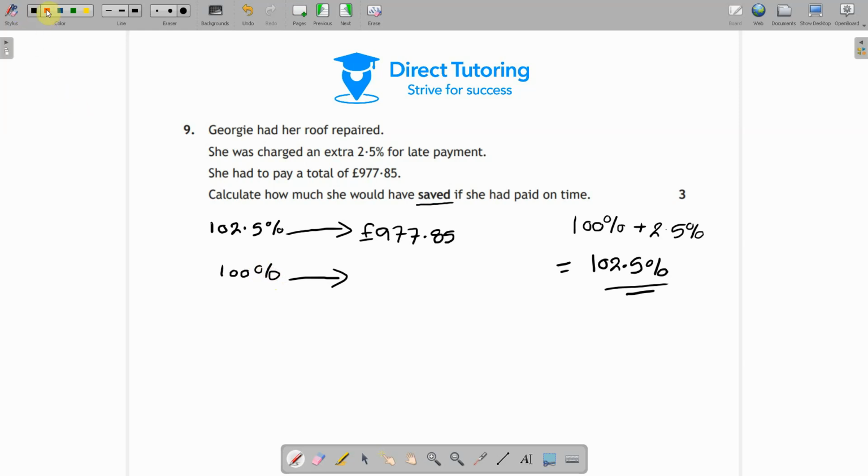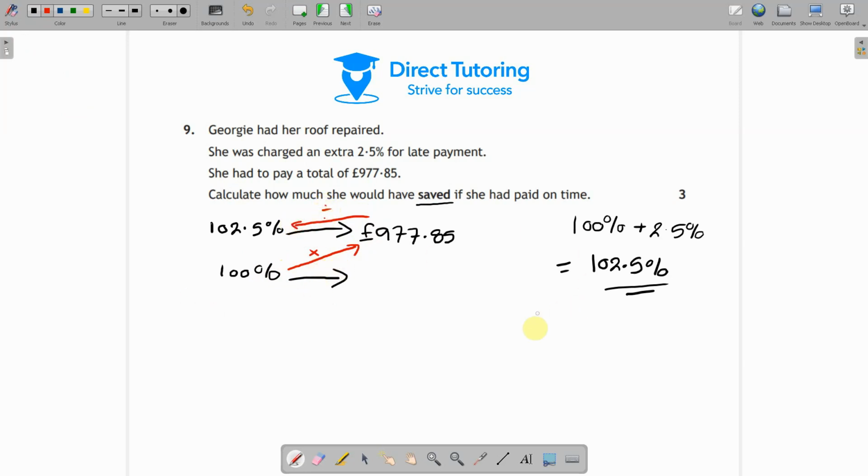Now, the calculation in order to do this is you take the two numbers that are diagonal to one another, you multiply them, and then you divide by the remaining number.